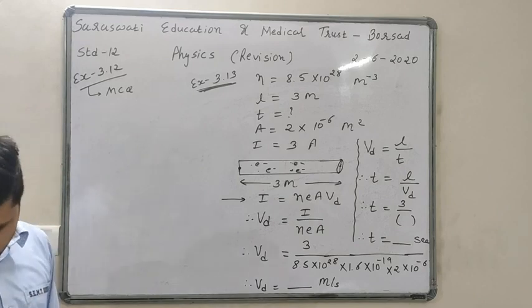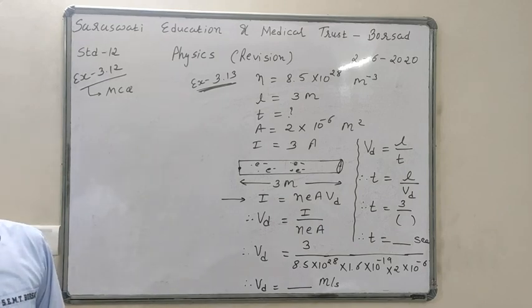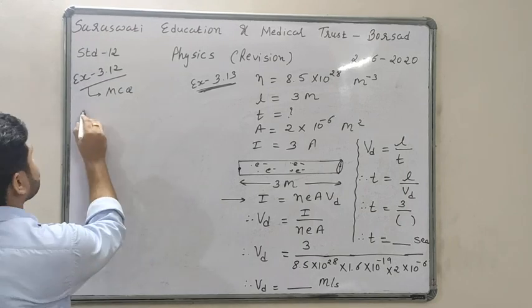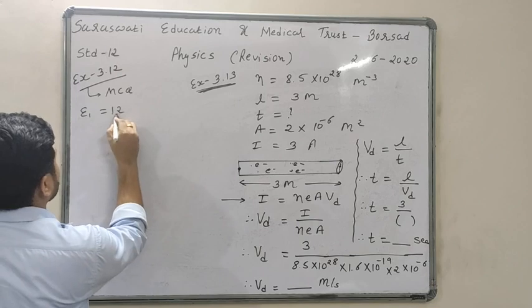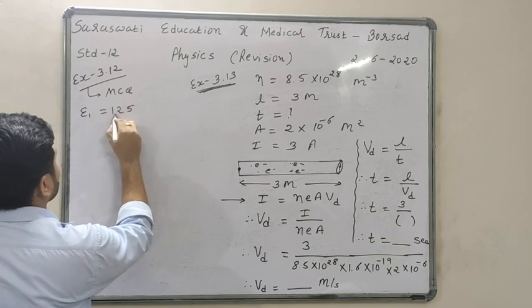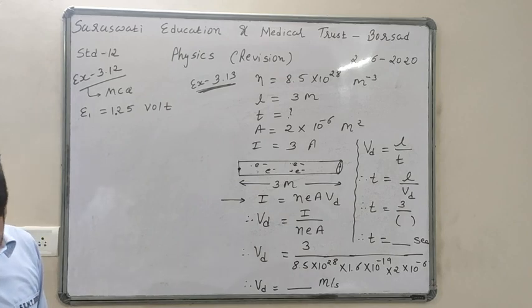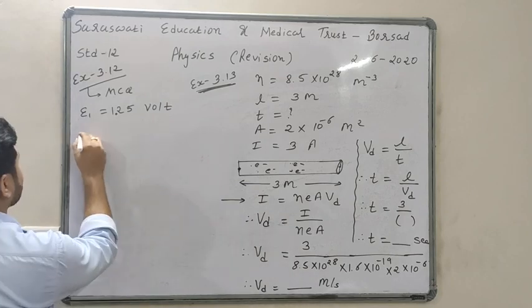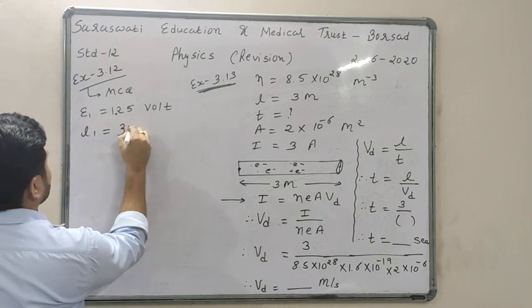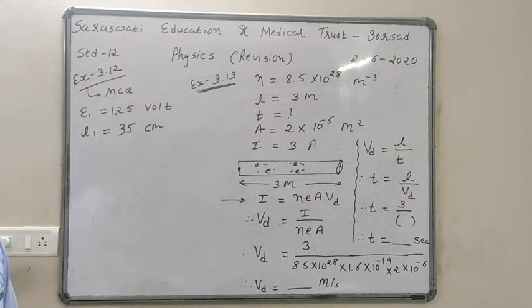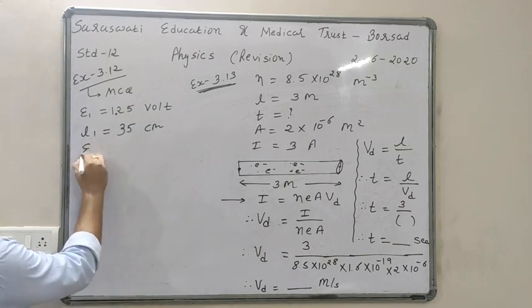See, in exercise 3.12 we are given that in a potentiometer, initially there is a battery of 1.25 volt, and we are getting the null point at 35 centimeter. Now we are changing the battery.